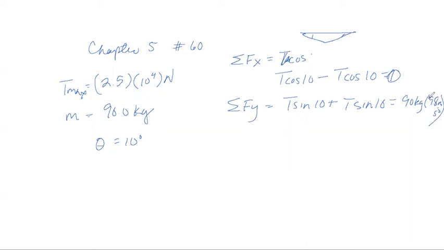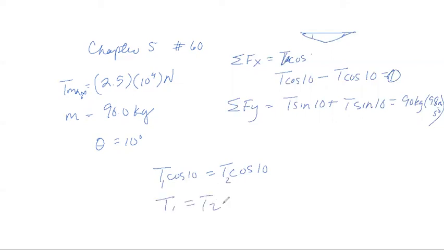Let's go ahead and solve for one. T cos 10 equals T cos 10. So we call this T1 and T2.